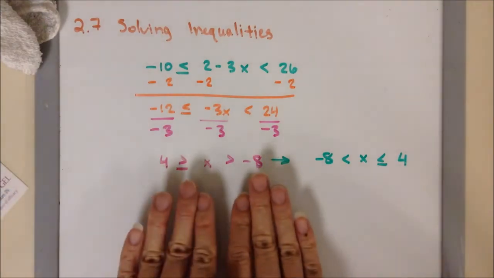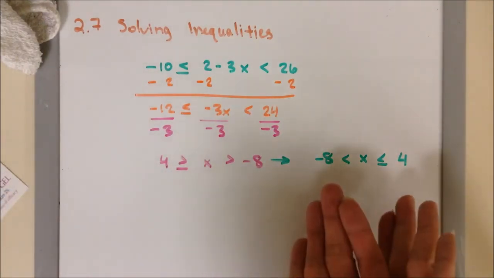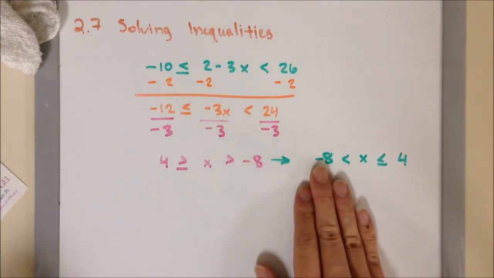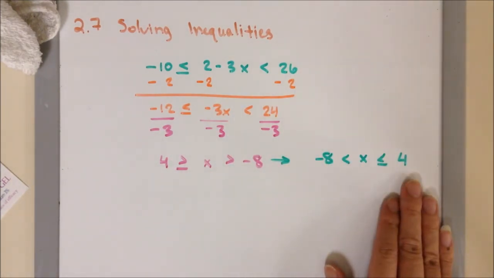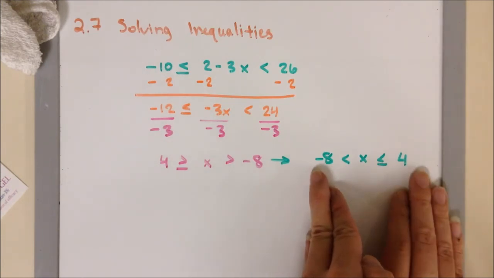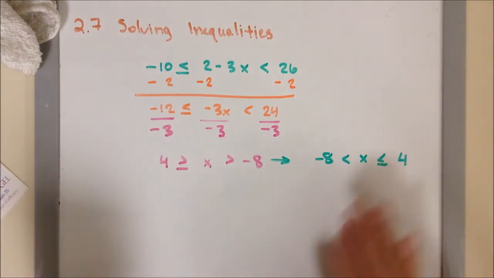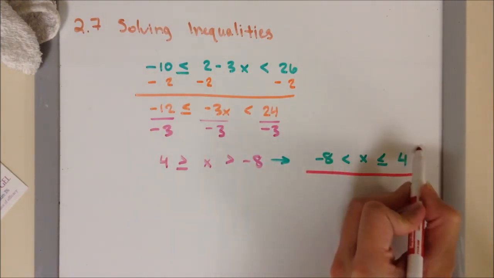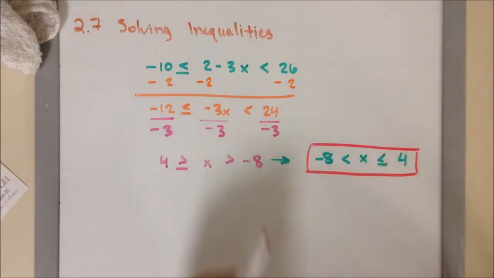So all I did was flip the whole solution so that the negative number is on the left side and the positive number is on the right side, or the lower number is on the left side and the higher number is on the right side. So this is our solution for this compound inequality.